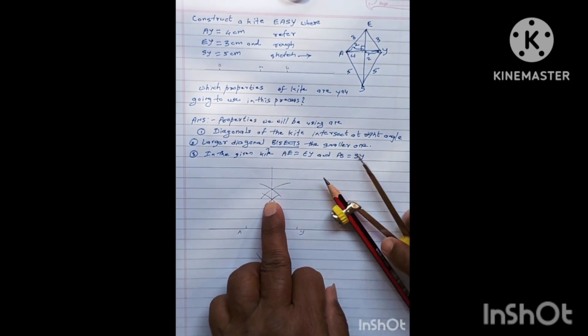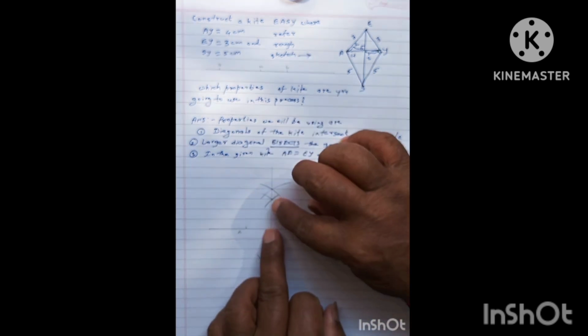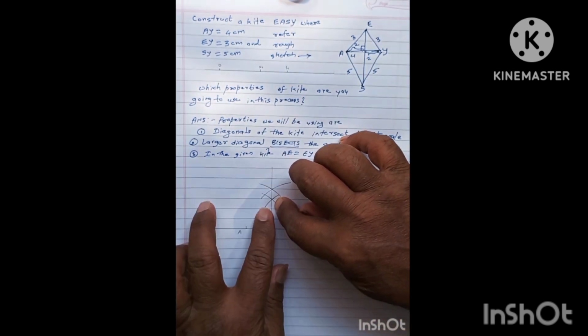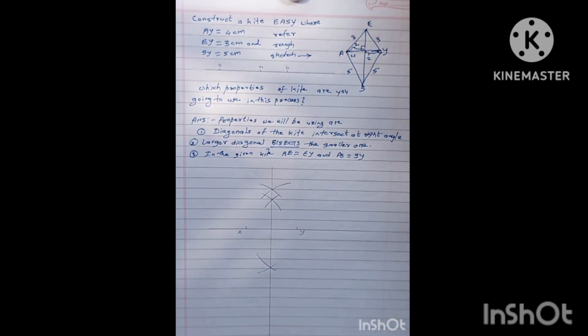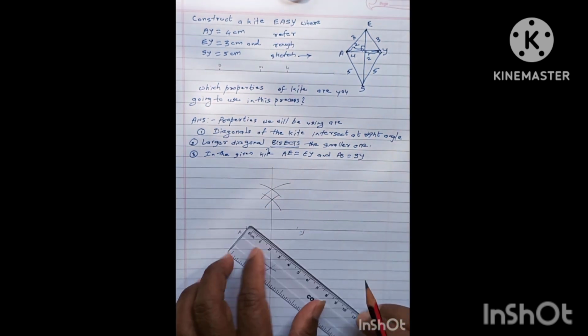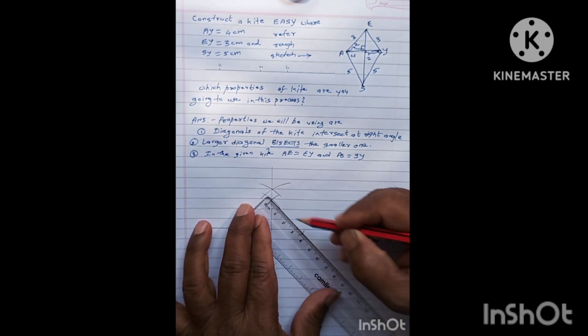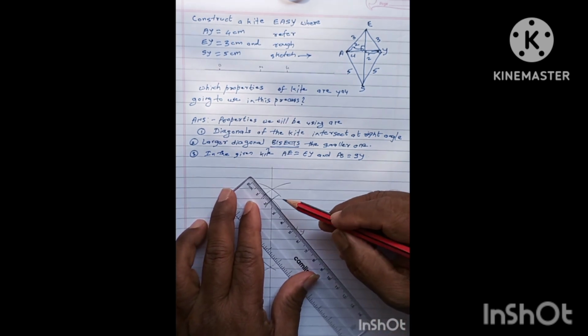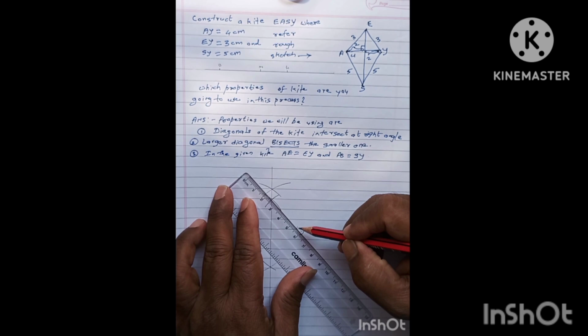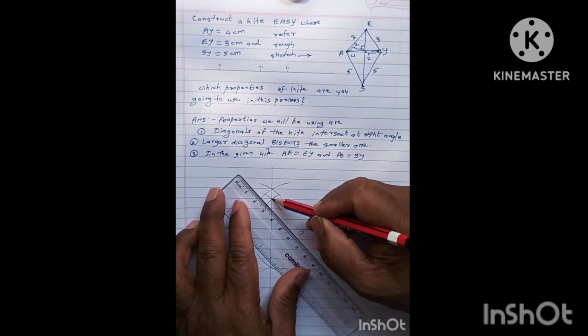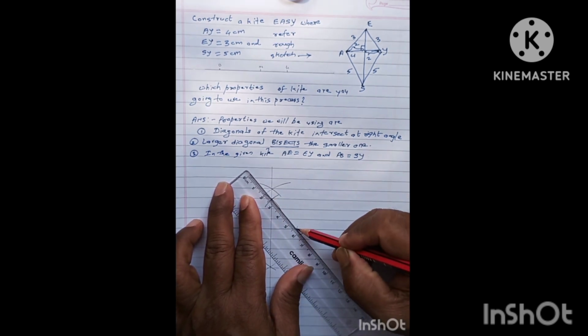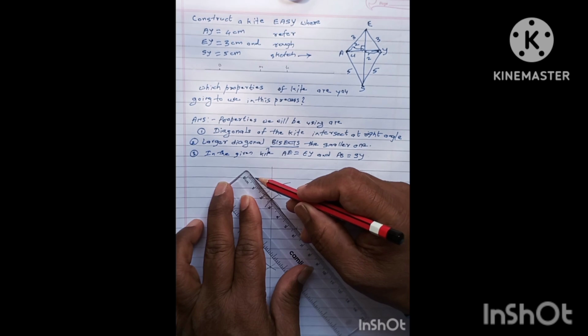Now remember this, don't take that. You have to remember this. If you get confused, then see that this EY is 3. So while joining, see that you are taking 3 centimeters. While you see this is 3, there should not be any confusion, there should not be any mistake.